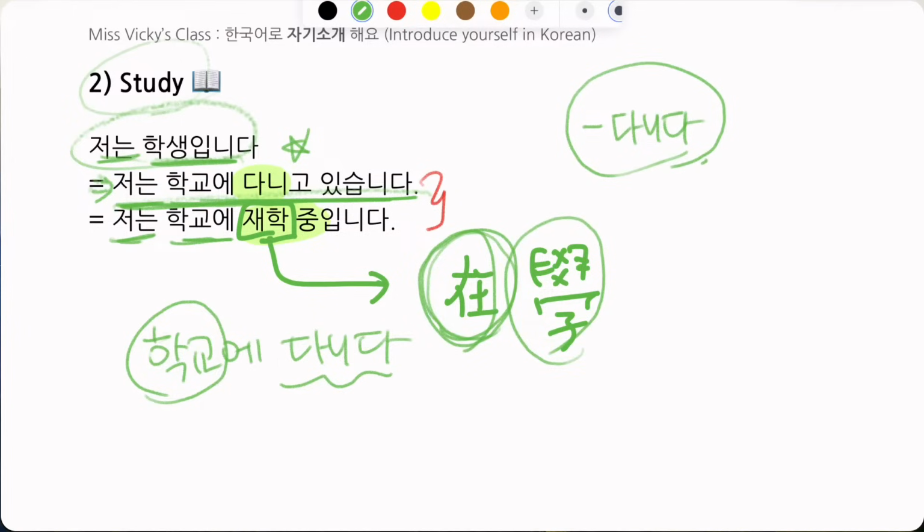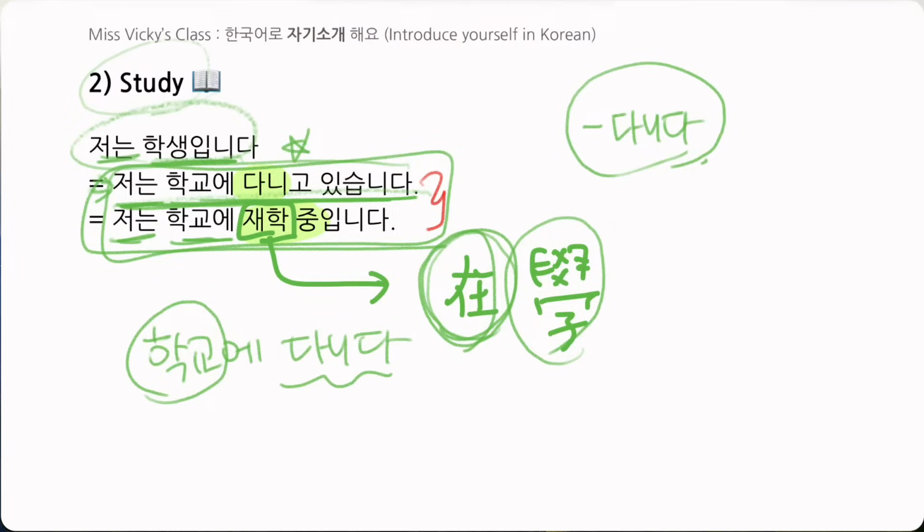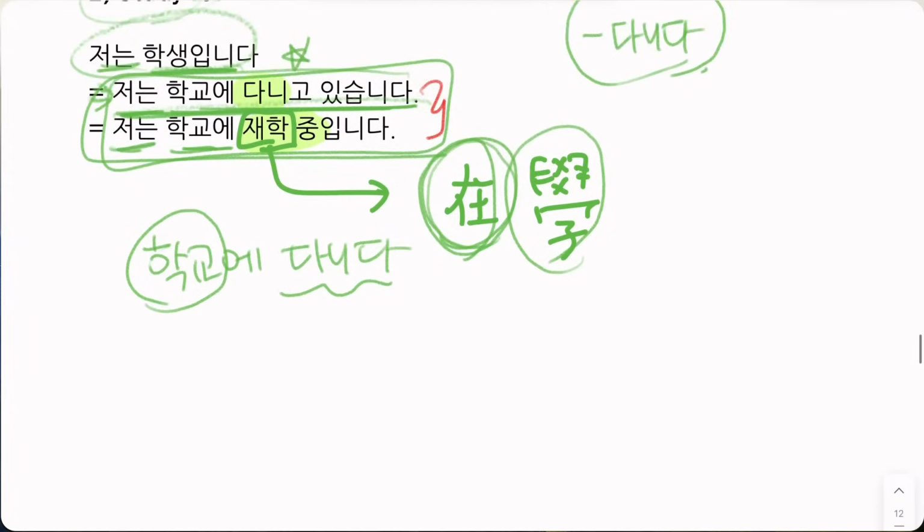So you are a student, you go to school, you attend school. 저는 학교에 재학 중입니다. 그래서 if you use these expressions, it'll make your self-introduction sound more native. And people will get the impression that this person has been studying Korean for a while. Wow, this person speaks good Korean.